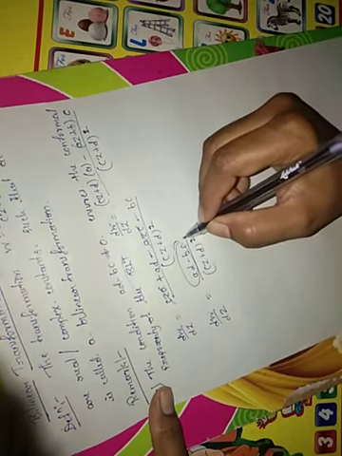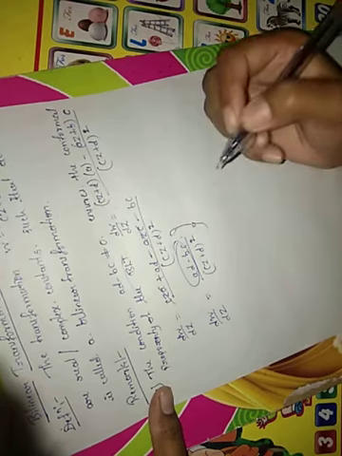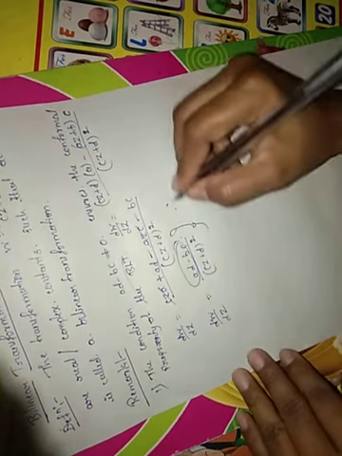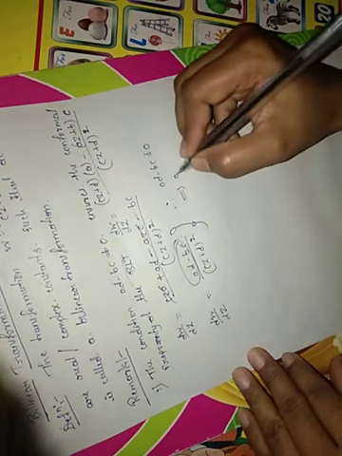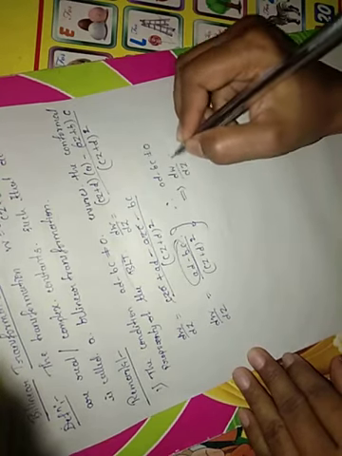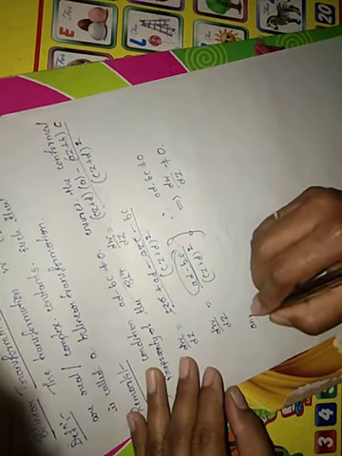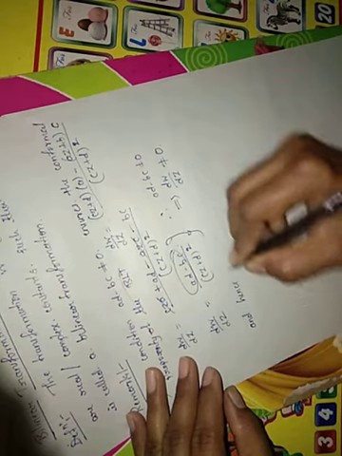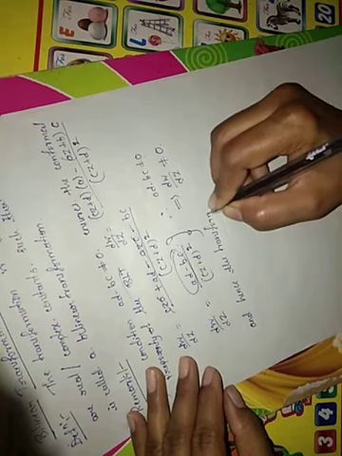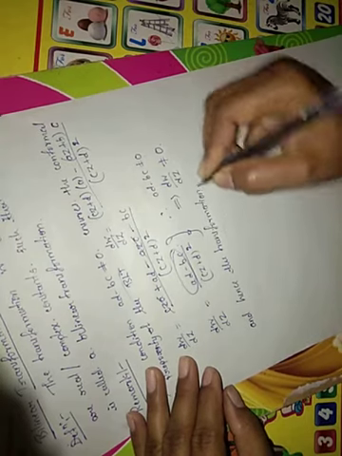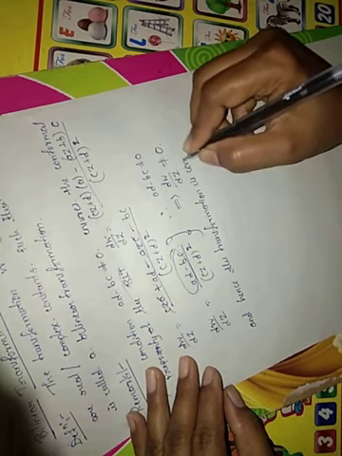If the numerator is not equal to 0, then this entire term is not equal to 0. Therefore AD minus BC not equal to 0 implies that dW by dZ is also not equal to 0, and hence the transformation is conformal.